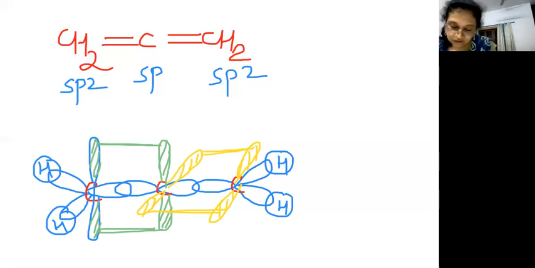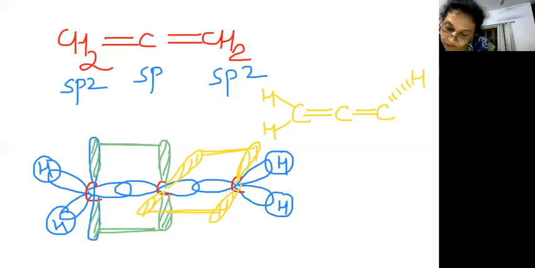Now, if I have to draw the structure of allene with the sigma bonds, you will come to understand how the structure is made. I have this carbon, here is a hydrogen, here is a hydrogen, then I have a double bond to the central C. And now if you see, actually the other two bonds are in a different plane. This hydrogen bond is going inside the blackboard and this hydrogen bond is coming outside the blackboard.